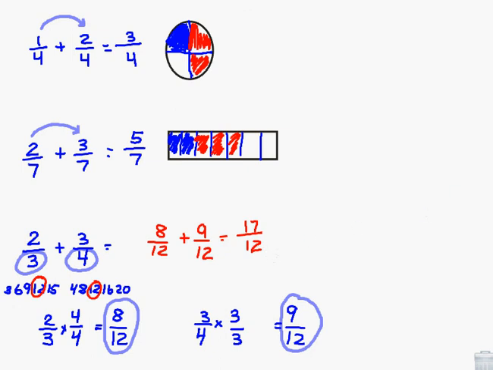And we can even take that a step further. We know that 12/12 is equal to 1 whole. So if 12/12 is equal to 1 whole and we have 17/12, we know that 17/12 is 1 whole, and then there's 5/12 left over, because 17 minus 12 is equal to 5. So it's actually equal to 1 5/12.